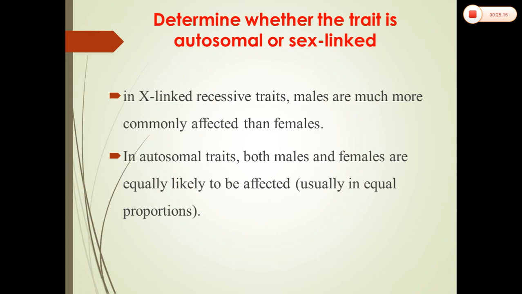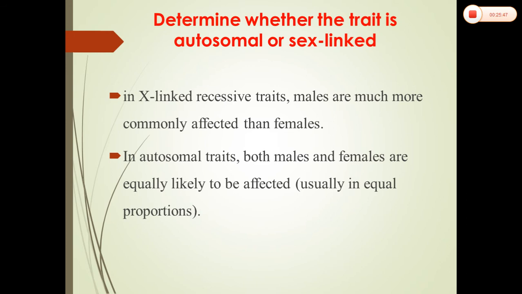So if the mother is affected and it is an X-linked trait, the trait can be transferred to all the male progeny of the next generation. So in X-linked recessive traits, males are more affected than females. In case of autosomal traits, male and female progenies are equally affected. Usually there is an equal proportion of affected males as well as females.